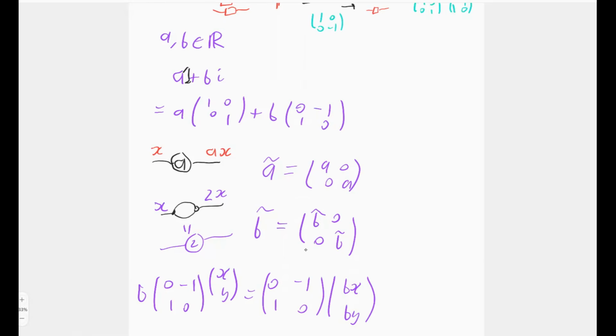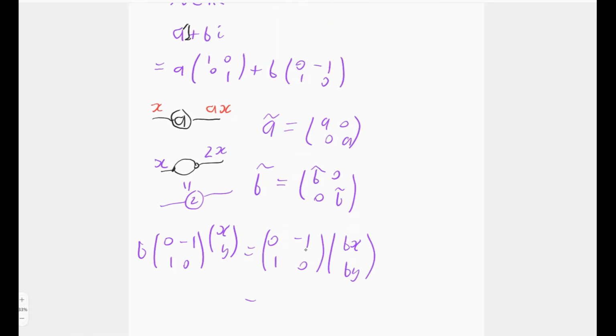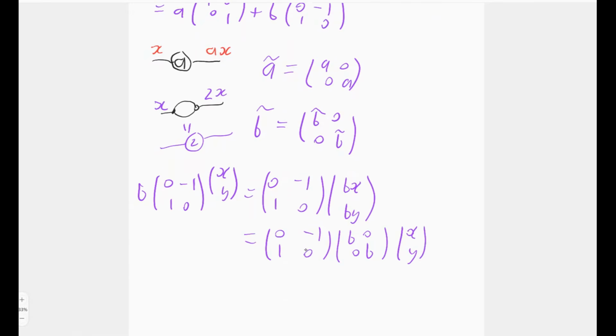And that's going to be equal. But we could also write that like this. And so that's our matrix after this B tilde thing.